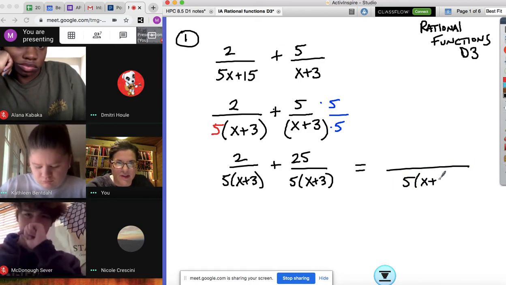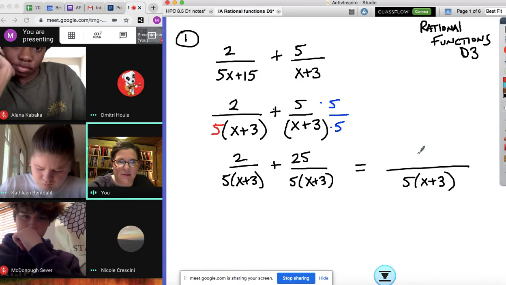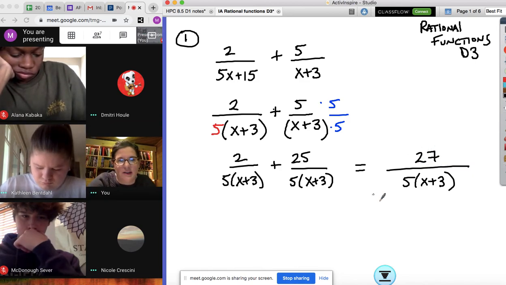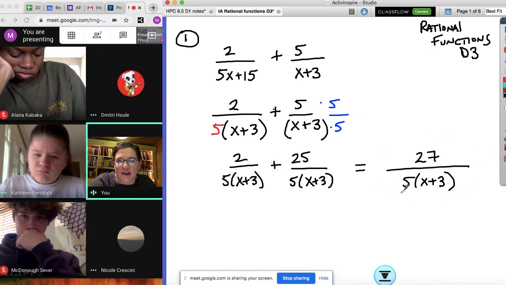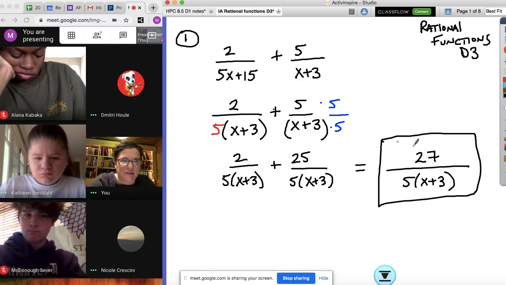So we just leave it as 5 times x plus 3. But then we add the tops. So I'm going to add 2 plus 25, and I'm going to get 27. And this doesn't reduce any farther because 5 doesn't go into 27. So it's not like I can cancel with the 5 down here at all. So that's it. Doesn't reduce any farther.